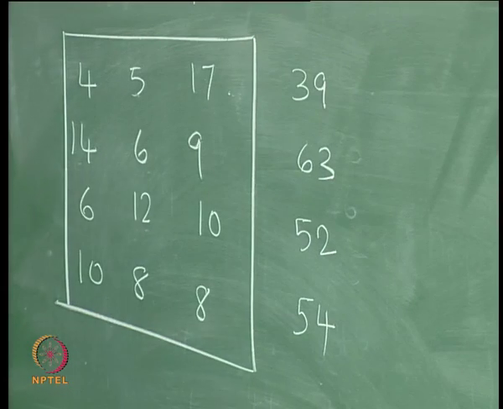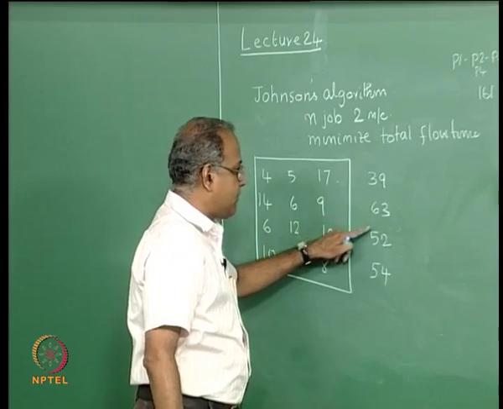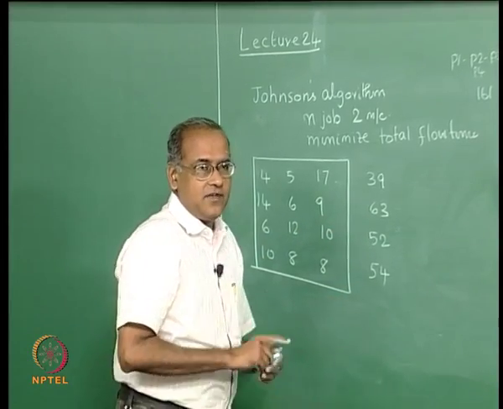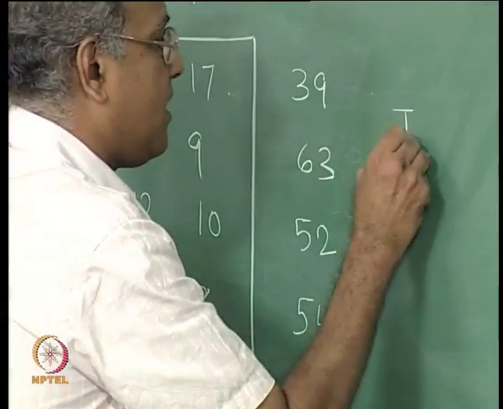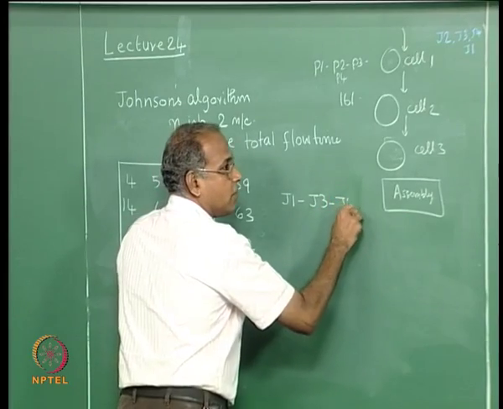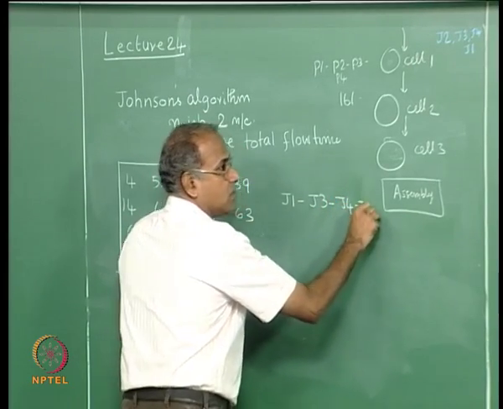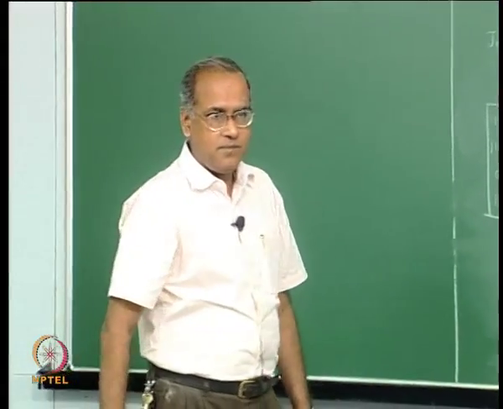So, the 4 indices are 39, 63, 52 and 54, and we arrange them in increasing order to get the sequence J1, J3, J4 and J2, or P1, P3, P4 and P2.